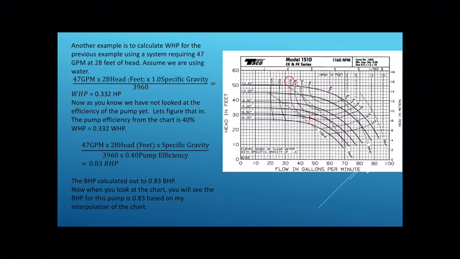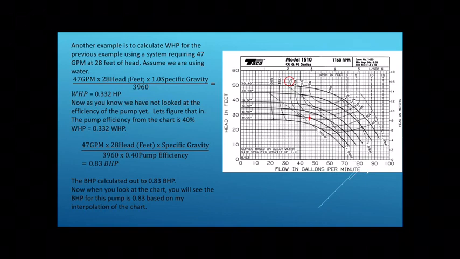All right, so another point that I wanted to make on this one is I wanted to calculate the water horsepower of what we're adding, and I thought I would choose a system that is requiring 47 GPM against 28 feet of head. And in this case, we're going to use water, and that would require 0.332 horsepower.